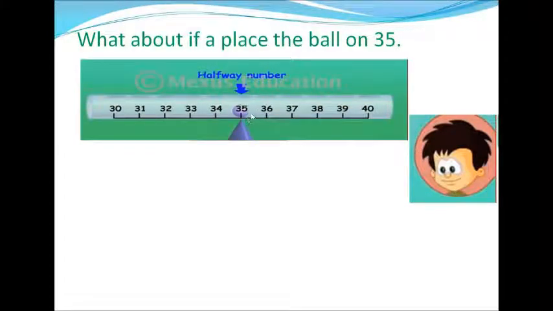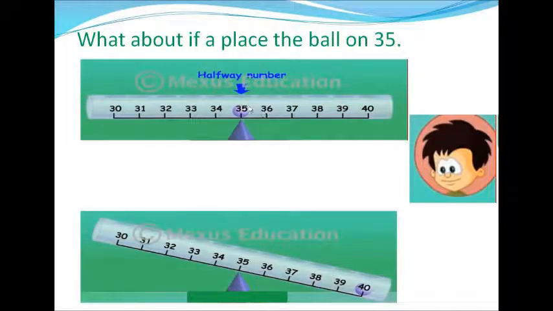Now, if I place the ball on 35, according to the rules of rounding numbers, children, it will always fall towards your next 10. So the next 10 over here is 40. So the ball placed on 35 will roll down towards 40, which means 35 is rounded off to the nearest number, which is 40.